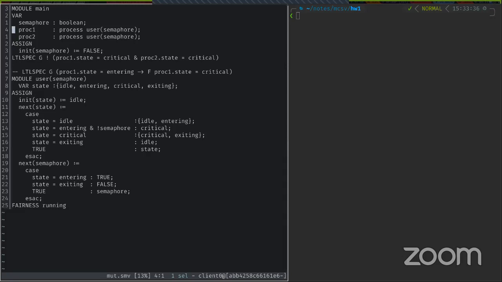Okay, so we'll be looking at an example of mutual exclusion, and how we can model it in NuSMV. Mutual exclusion is when you have multiple processes trying to access a shared resource, and you don't want more than one process to access it at the same time.